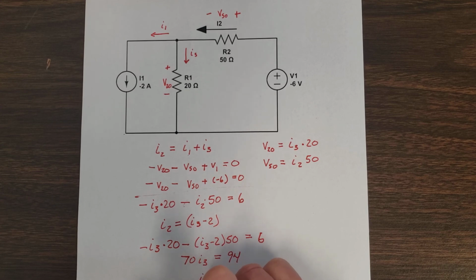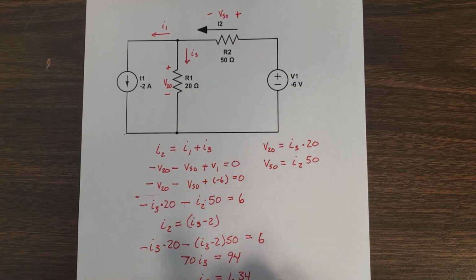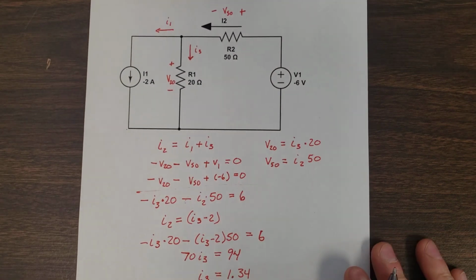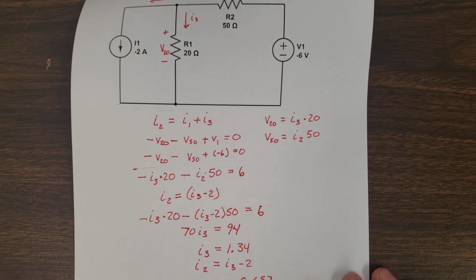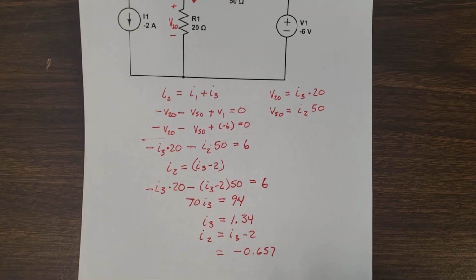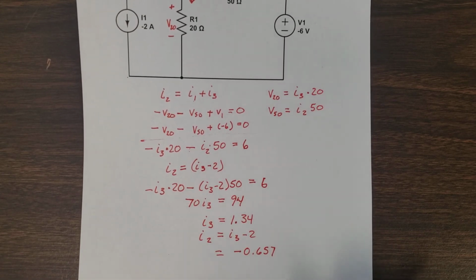Therefore, I3 is equal to 1.34. I2 is equal to I3 minus 2, which is then equal to negative 0.657. And move that out of frame a little bit. I didn't check that. And we've got then the answer to our problem.